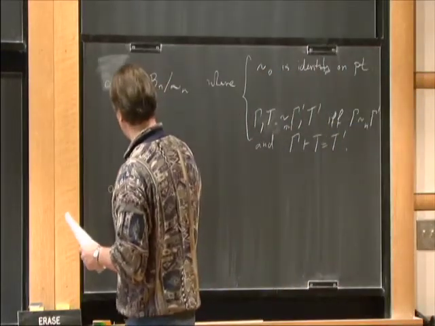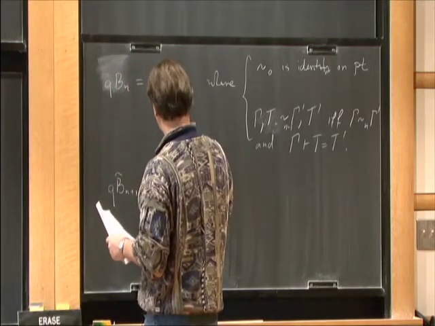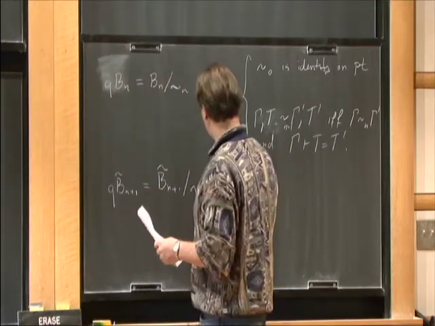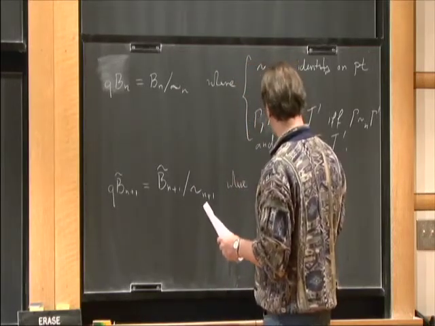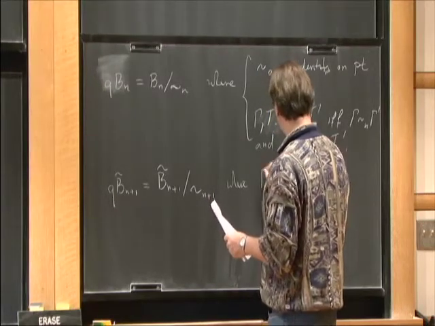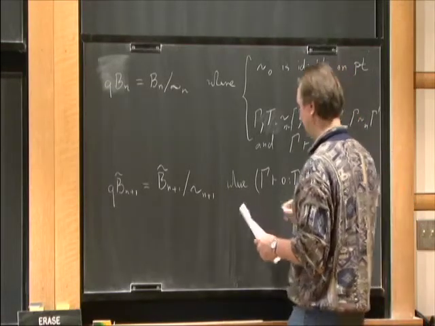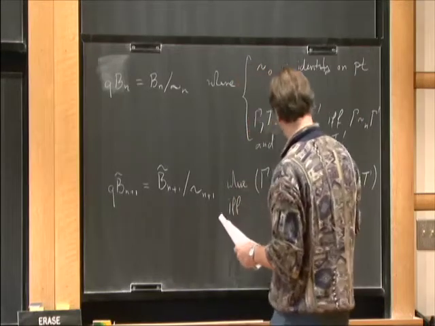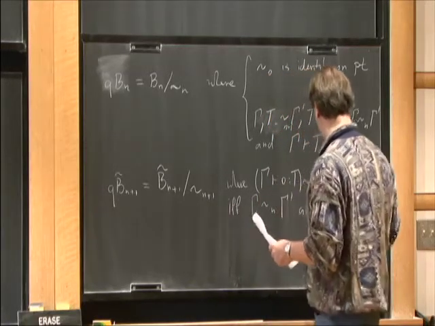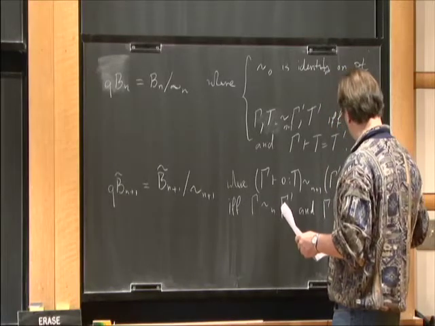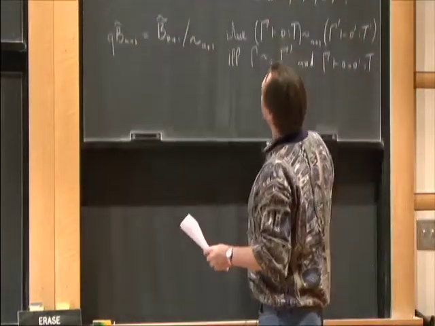And we also have Q B tilde n plus 1 equals B n plus 1 tilde over an equivalence relation where gamma OT is n plus 1 equivalent to gamma prime O prime T prime if gamma is n equivalent to gamma prime and gamma O equals O prime in T. So this gives us the definition of this set.